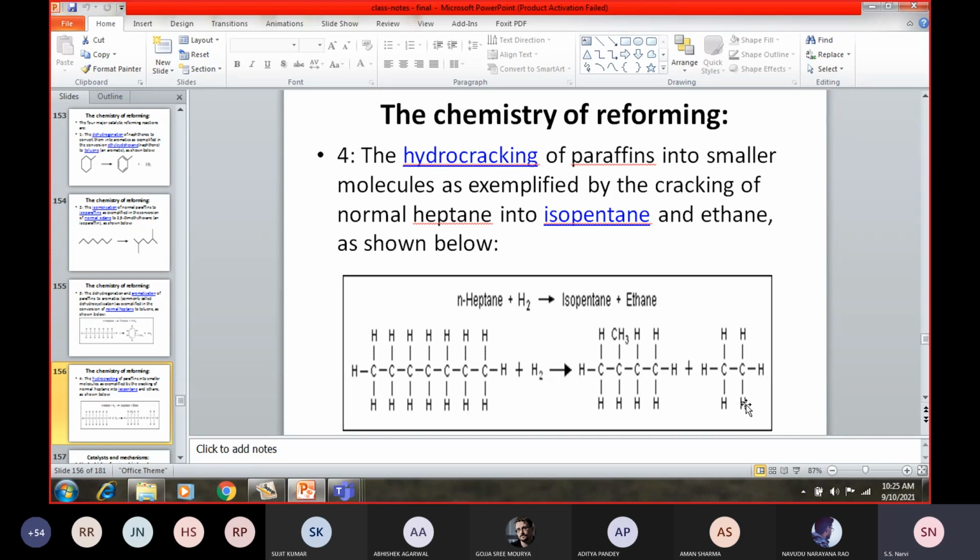Both of them have very good octane rating, isn't it? So this way, or simply it can be cracked into 2 and give you 2 molecules, straight chain molecule, but a small molecular weight. You know that they will discuss it later on, that how the octane number decreases with increase in the carbon chain length.